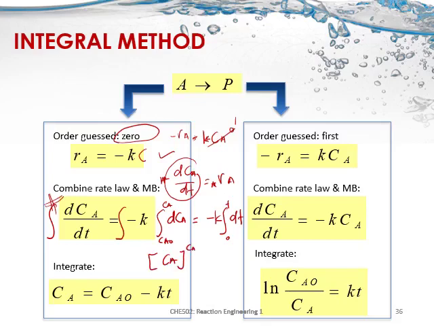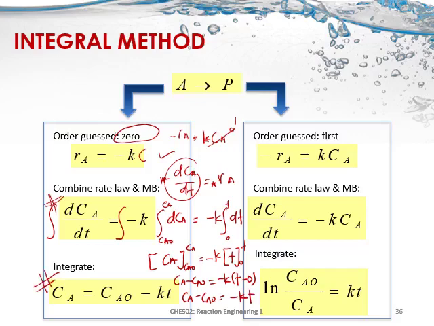The limit will be CA naught to CA, negative K, and then your T will be from 0 to T. So you are going to do CA, upper limit minus lower limit. So it will be CA minus CA naught equivalent to negative K times T minus 0. Okay, simplify, it will be CA minus CA naught equals negative KT. Right, so this is the equation.